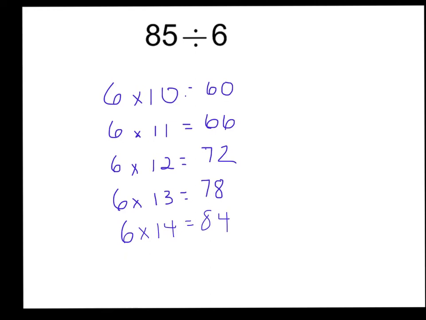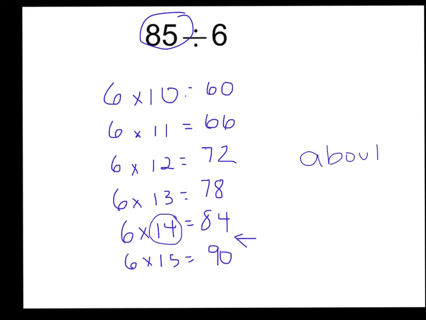Now I am really close to 85. So I know that 6 times 15 would be 90. So I know 85 falls right between 84 and 90. It's actually closer to 84. So I could say 85 divided by 6 is about 14.